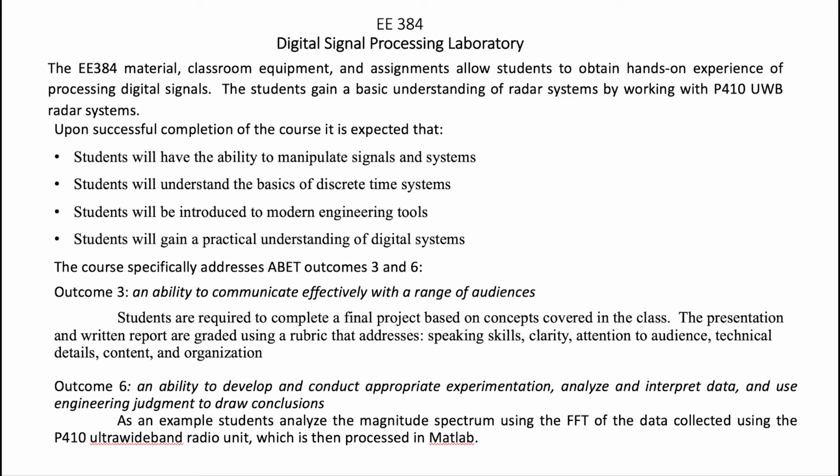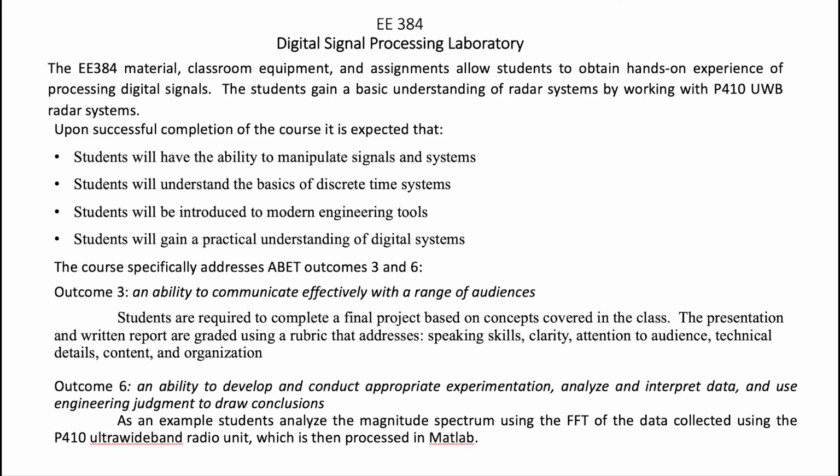The course specifically addresses ABET Outcomes 3, an ability to communicate effectively with a range of audiences, and 6, an ability to develop and conduct appropriate experimentation, analyze and interpret data, and use engineering judgment to draw conclusions.